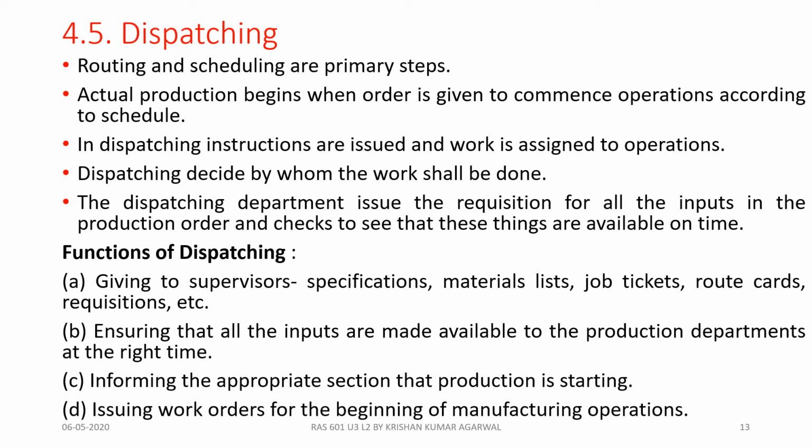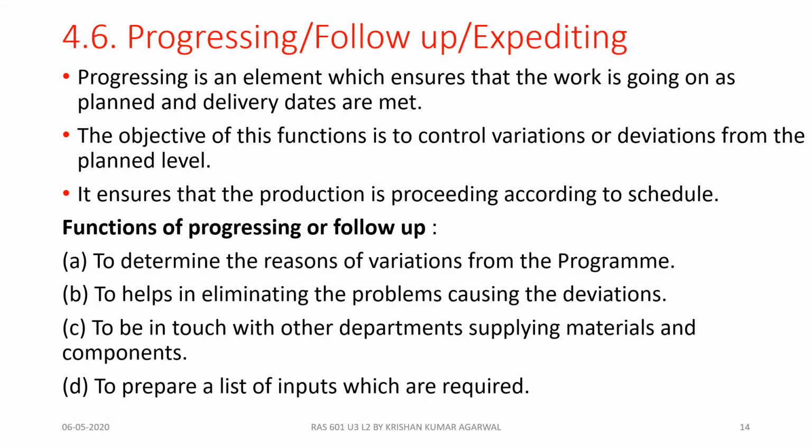After completing the action phase, the dispatching, the next and important task of the production control cell is to check the performance, evaluate the performance after collecting the data, and take the proper follow-up.